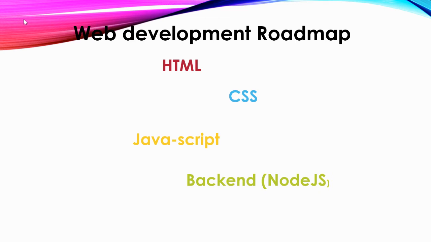In backend, I would recommend you to have Node.js, as Node.js is popular nowadays. But if you want, you can take some other one also, like if your situation may be different. But if you're a complete beginner, if you don't know anything, then you should start with Node.js. PHP is easy, but it is old, so I would not recommend it.